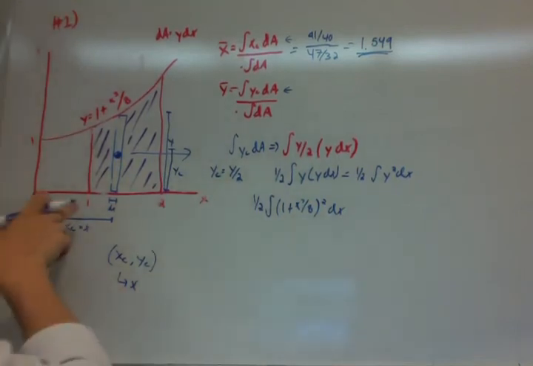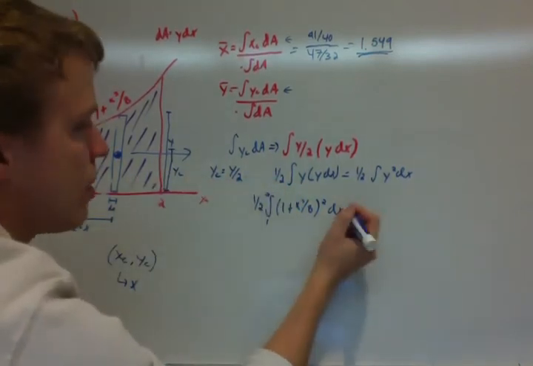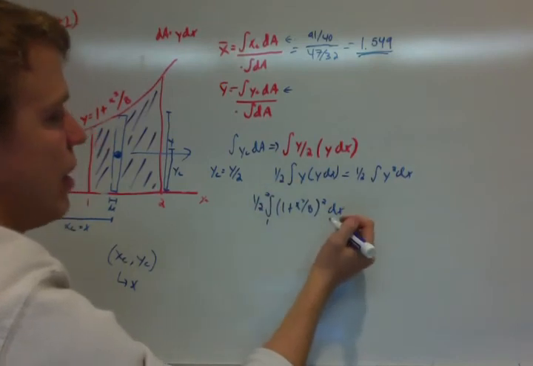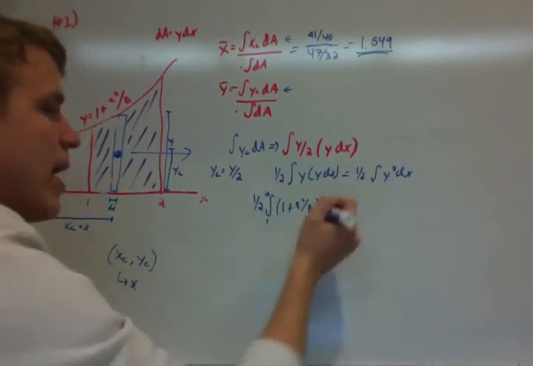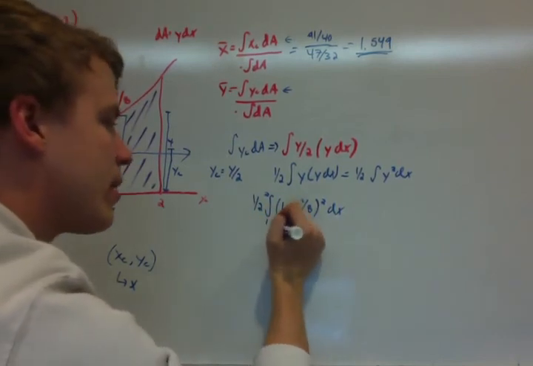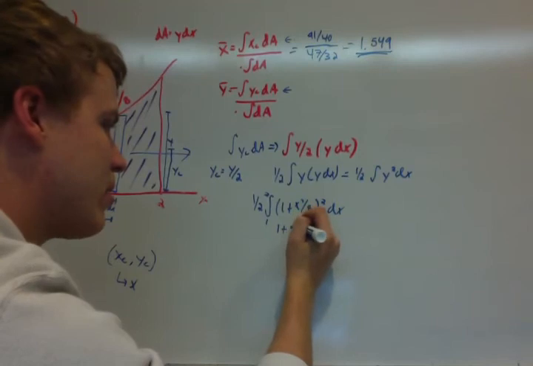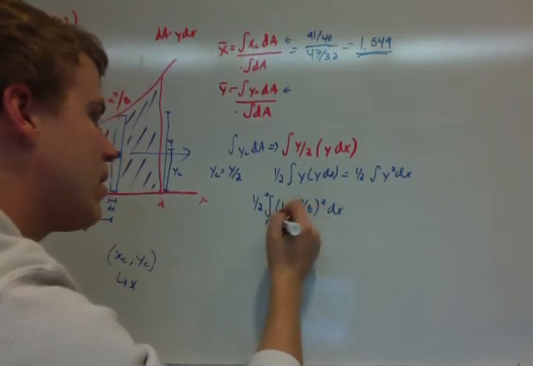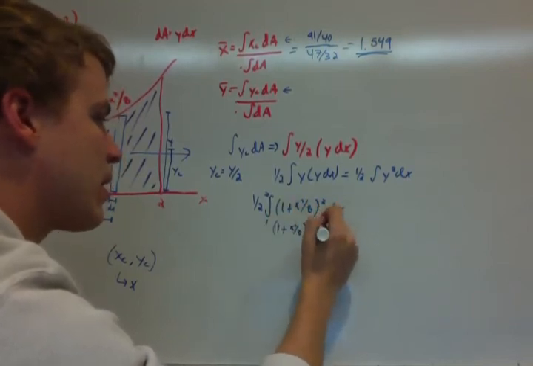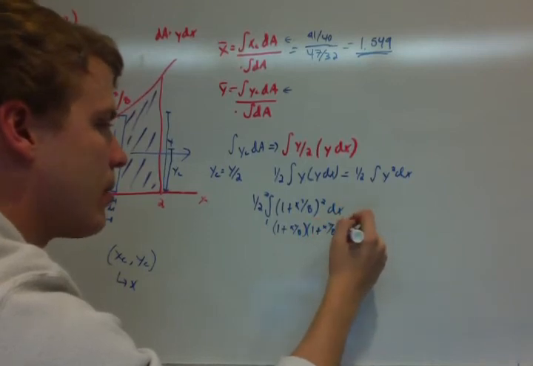So let's look at our boundaries, which is 1 to 2 again. So if we integrate this out, you're going to have to do some math here. Let's look at this. I'm getting kind of low here. 1 plus x cubed over 8 times 1 plus x cubed over 8, with respect to x.